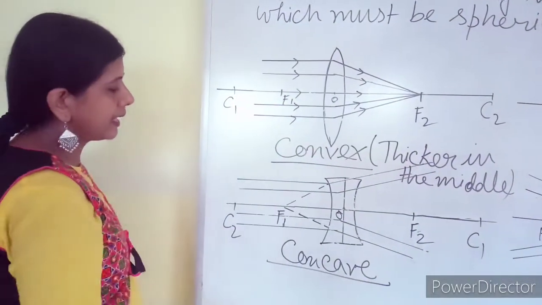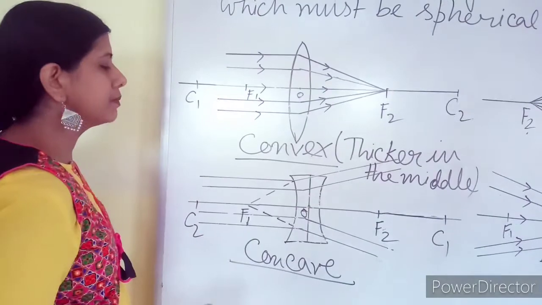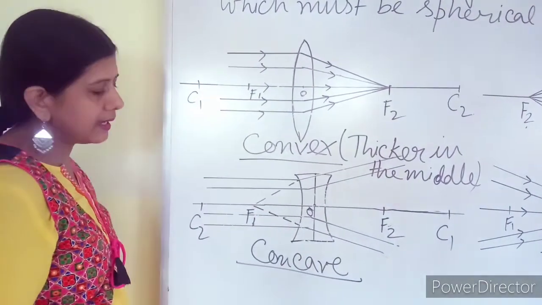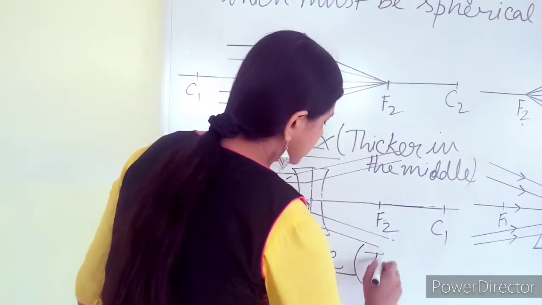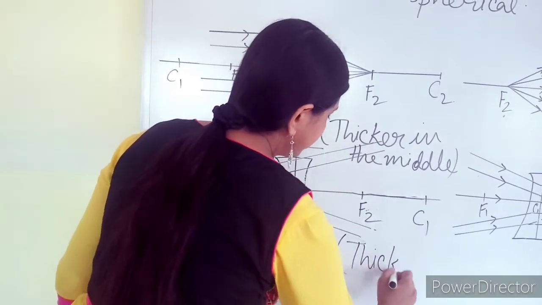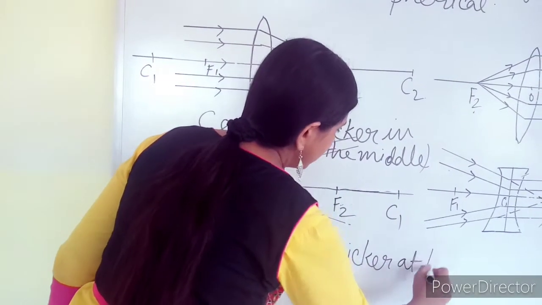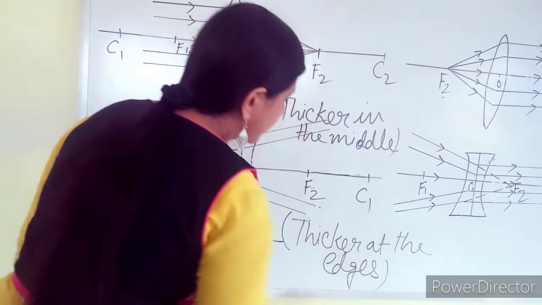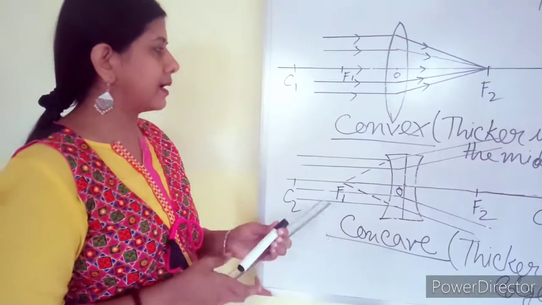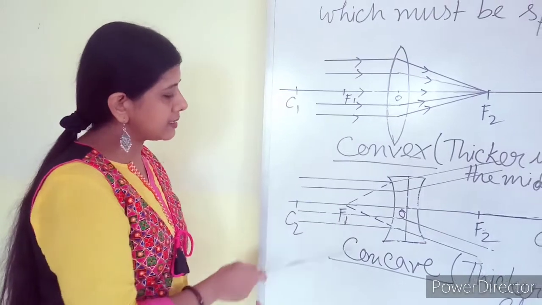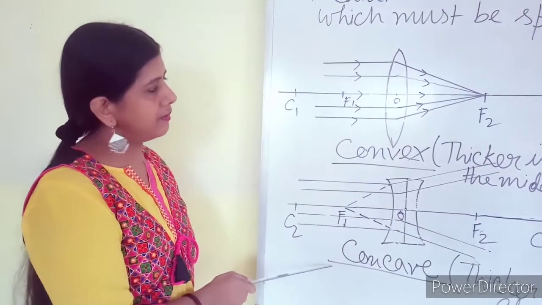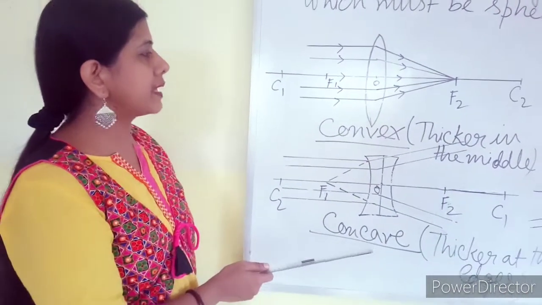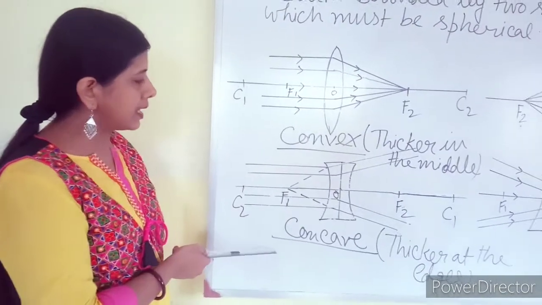This one is a concave lens, thinner in the middle and thicker at the edges. In this way you can remember by looking at the diagram which one is convex lens and which one is concave lens. Broadly, the classification of lens is convex and concave.